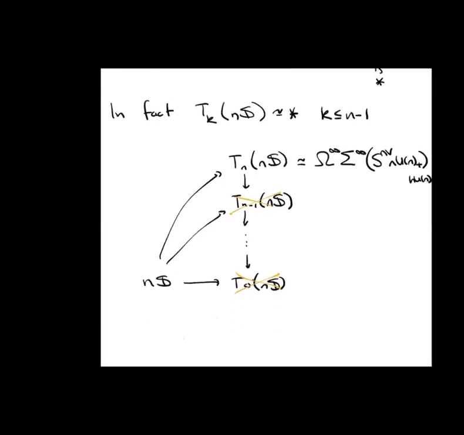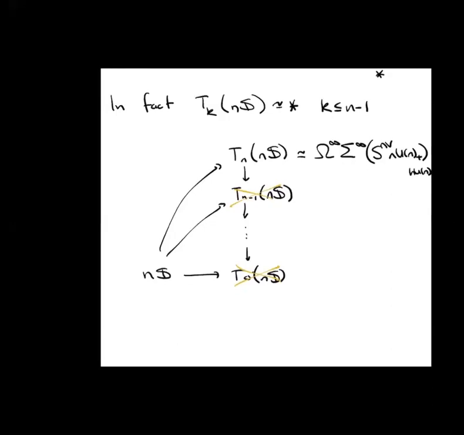And still just playing around with these model categories a little bit, the last thing I'll end with is that the tower of this functor converges again to the functor under some mild assumptions on the dimension of the vector space.